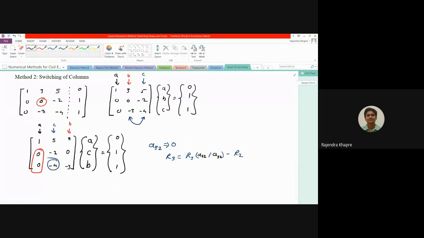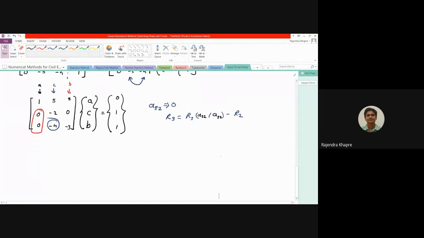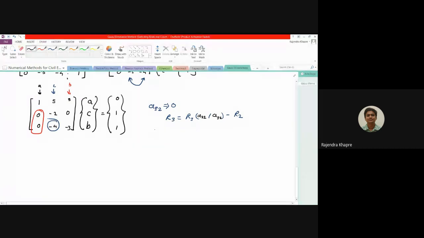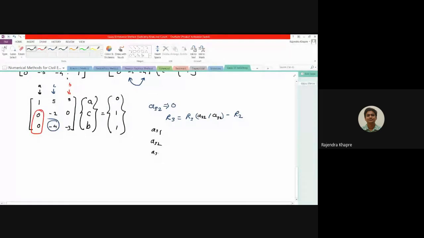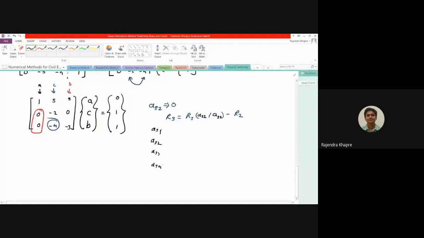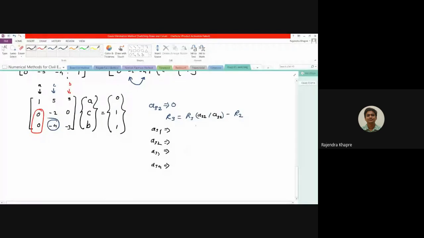So now I have four elements to deal with: a31, a32, a33, and a34. If I go for the augmented form, then we have the R3 row over here.